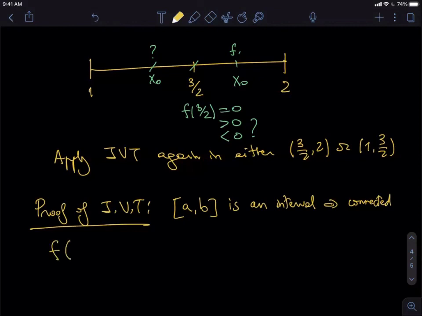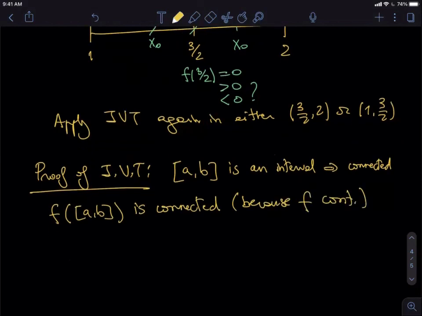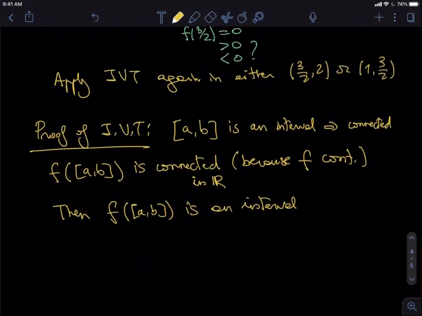So because f is continuous, f of AB is connected. But a connected set in R is an interval. And that's it.